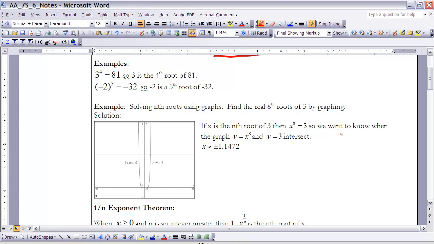Then we find the intersection points. Where those two intersect, those values represent the 8th root of 3. So positive and negative 1.1472 represent the two real 8th roots of 3.